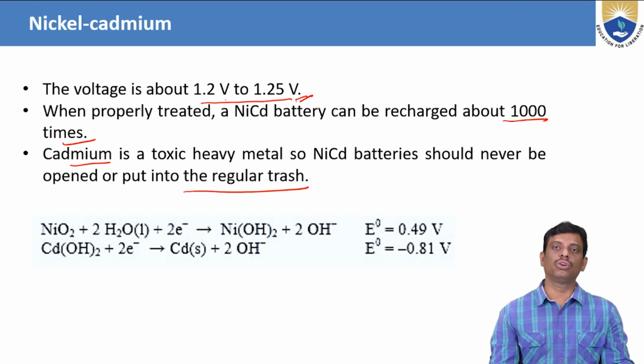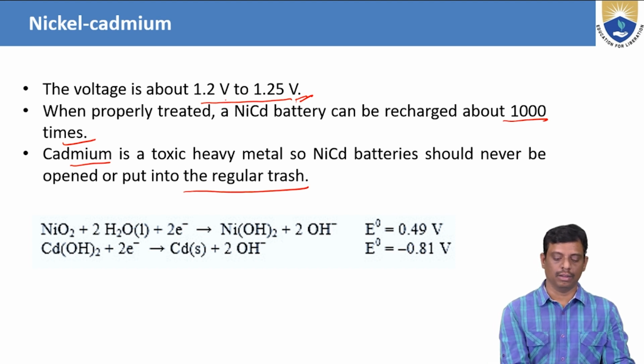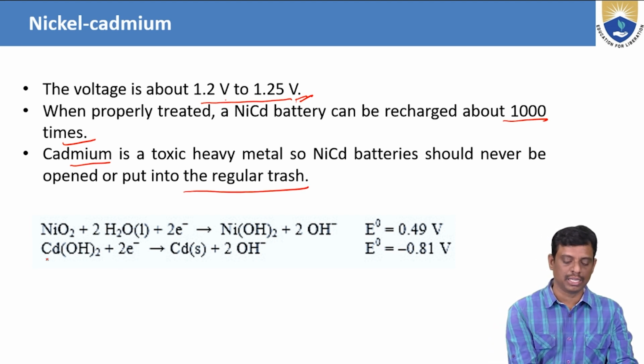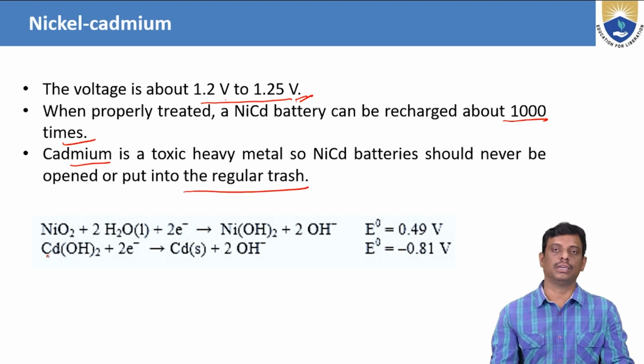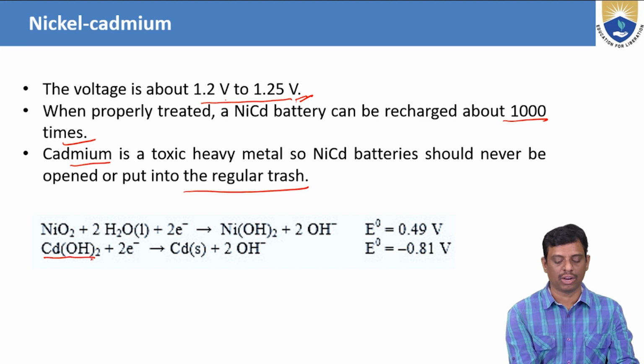And the electrochemical reaction of this nickel cadmium battery, we know that nickel acts as a cathode and the cadmium acts as an anode. So the oxidation takes place at the anode.